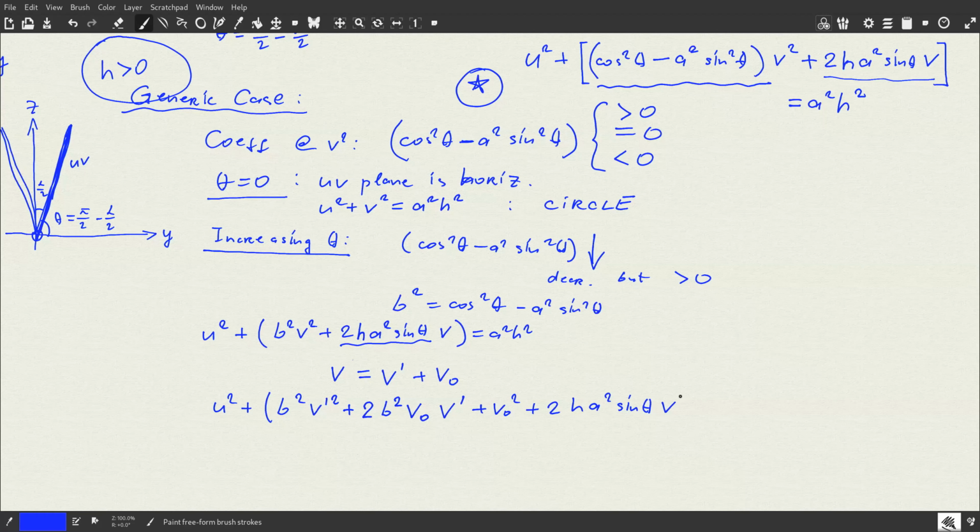So this is okay. Now collecting terms at v prime, we would have 2 times b squared v0 plus 2 times h a squared sine theta, times v prime, and we can set this to 0 by selecting the corresponding v0, because b is positive. Then we immediately get v0 equals minus h a squared divided by b squared sine theta.